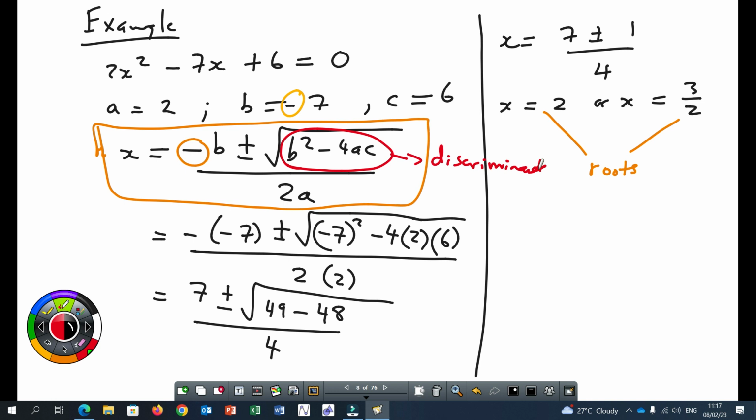That expression b squared minus 4ac is called the discriminant, and it is used to determine the nature of the roots of a quadratic equation. Whether the roots are going to be real, rational, irrational, and so on. Sometimes you can have non-real roots.